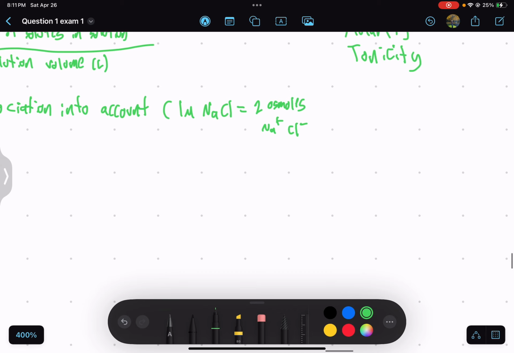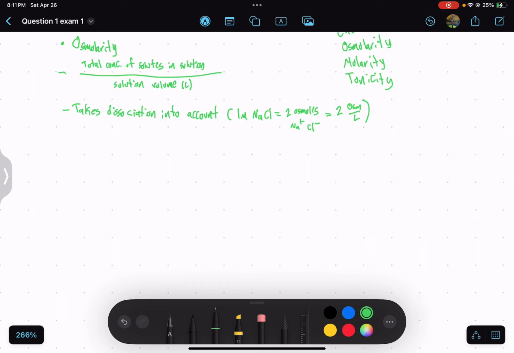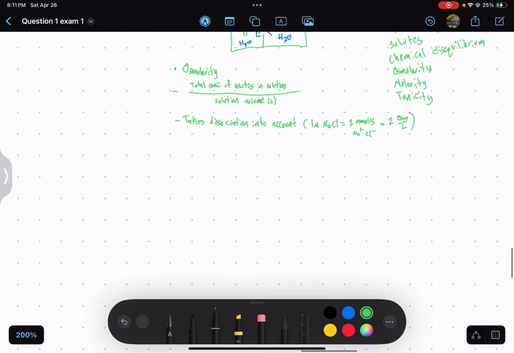And so therefore, you'll have 2 osmoles per liter. Now, the reason why that's different than molarity is it doesn't account for dissociation.